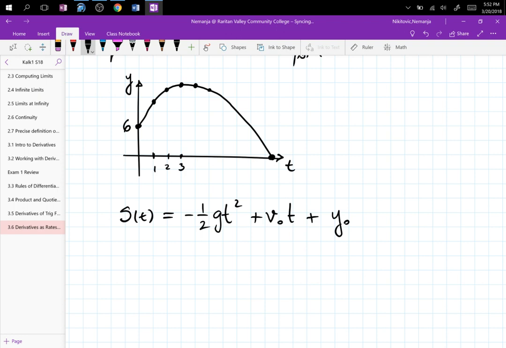So the height of the marker depends on how strongly you throw, which is v0, and from which height you throw, which is y0. So over here, we'll call this initial velocity, and we'll call this one initial height.